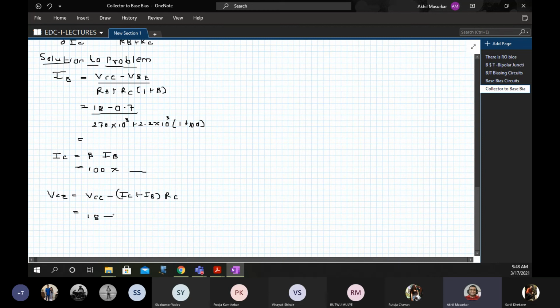This is 18 minus whatever into this term into RC, which is 2.2 into 10 raised to 3. So please tell me the value of IB and IC.